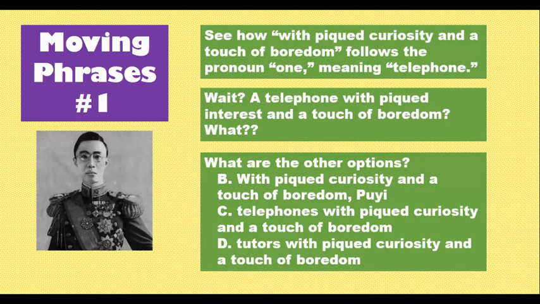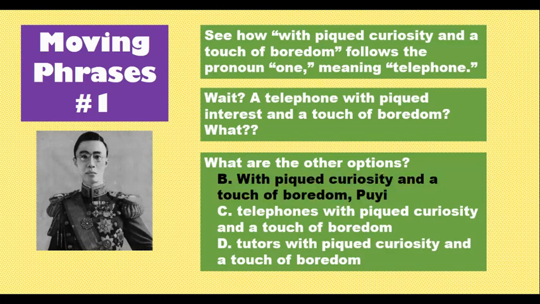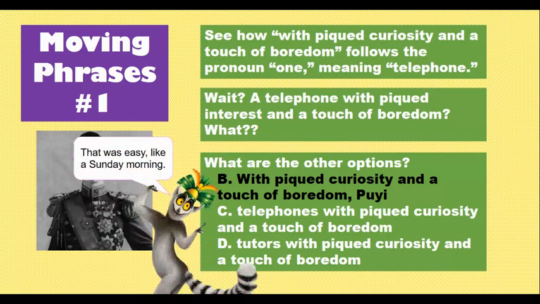Who had a touch of boredom? If you look at the other answers that we have, it makes sense to put it next to the actual emperor, which I'm going to pronounce as Pui. I'm not sure if that's right or not, but we'll just say with piqued curiosity and a touch of boredom, Pui is how we would write this sentence. So think about maybe moving it to the front of the sentence, which would make a lot of sense. So B is our answer. All right, pretty easy stuff.